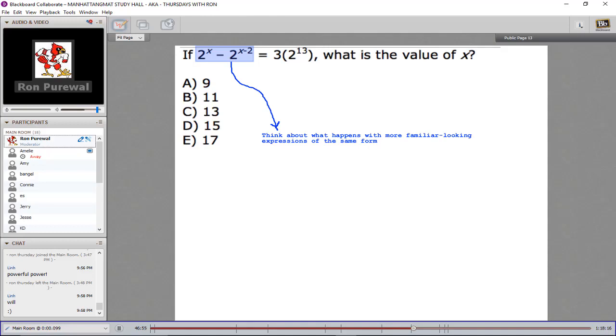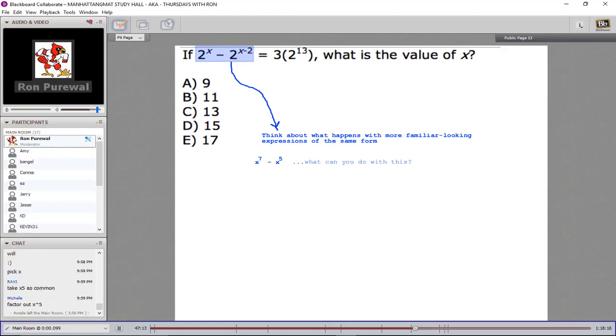Like, what if I gave you something like this, x to the 7th minus x to the 5th? What can you do with this? Aha, you can pull out the lower power. So that's going to give you x to the 5th times x squared minus 1.